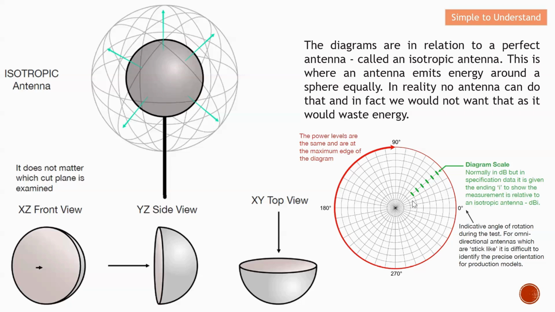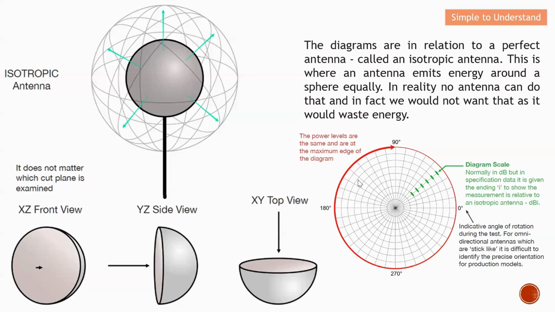Since this is an isotropic antenna, like I mentioned earlier, it will radiate out evenly, so it will be in a sphere shape. Therefore, whether it is XZ, YZ, or XY, the radiation plot will be perfect. This is for the isotropic antenna, which means that it radiates equally everywhere. So regardless of the XZ, YZ, or XY plot, it will look like a complete perfect circle.